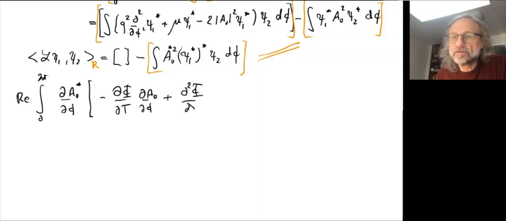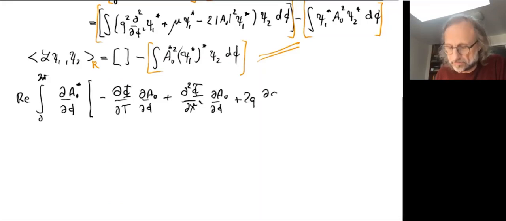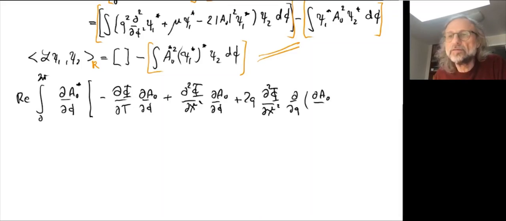This is dA naught by d phi plus 2q d capital phi by dx squared times d by dq of dA naught by d phi. This object integrated over phi is equal to 0.